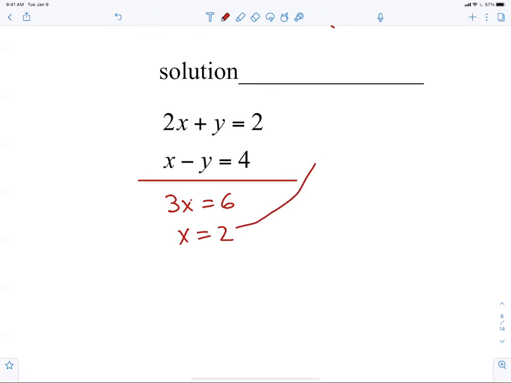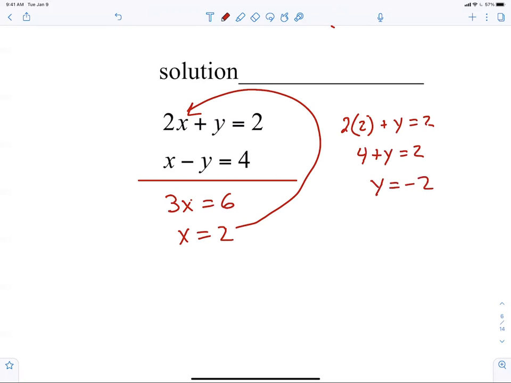So now I plug 2 in for x. 2 times 2 plus y equals 2. 4 plus y equals 2. y equals negative 2, right?